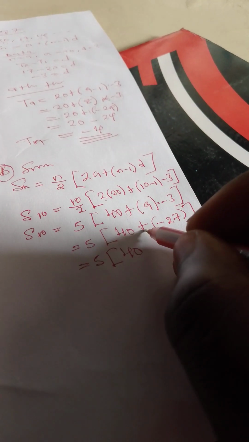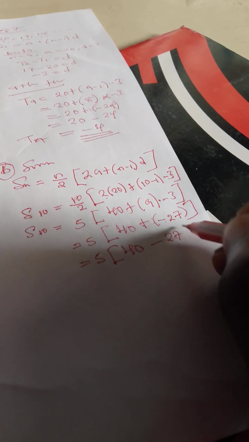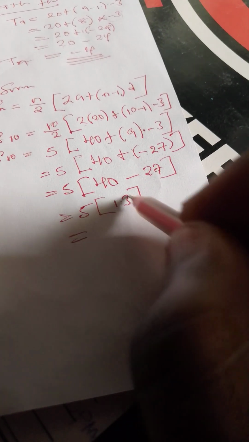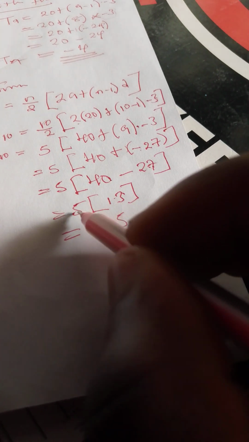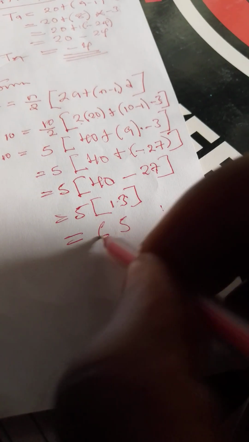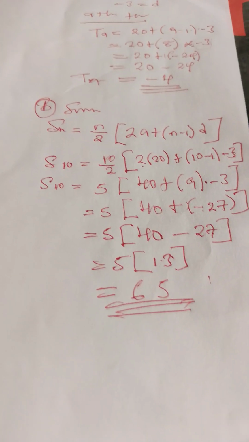Then you can say 5, 40, positive times negative is negative 1, which is the coefficient, multiplied by 27, it is 27. Then this is 5 multiplied by 40 minus 27, which is 13. Then 13 multiplied by 5: 5 times 3 is 15, carry 1; 5 times 1 is 5, plus 1 is 6. So the answer to this question was 65.